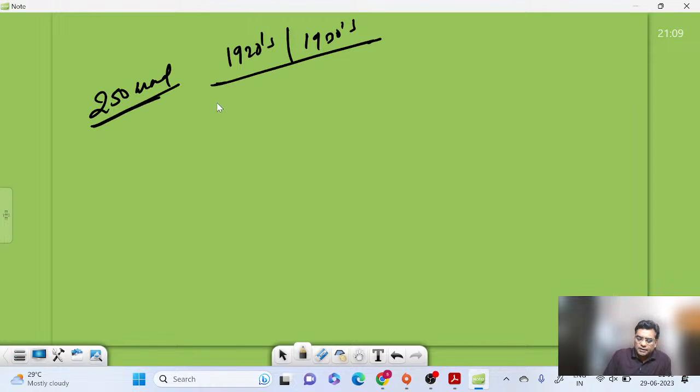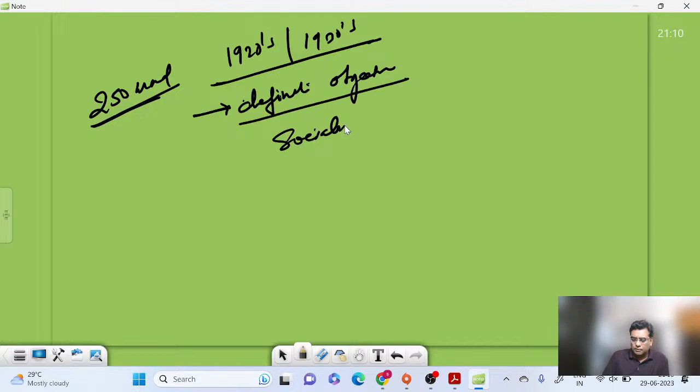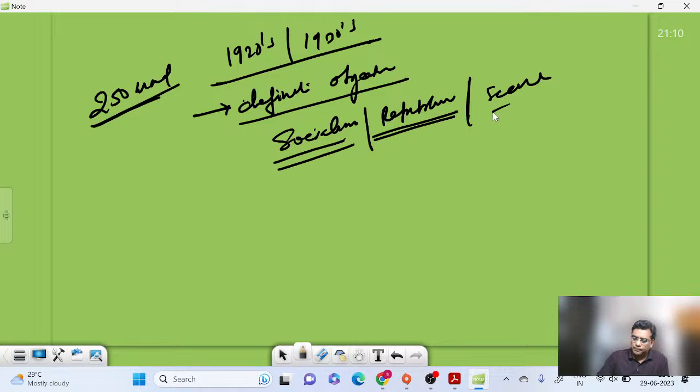Then you'll say that in the 1920s the revolutionaries had a different nature compared to the pre-war phase. In this phase, revolutionaries had, okay, definite objectives like socialism, republicanism, and secularism.